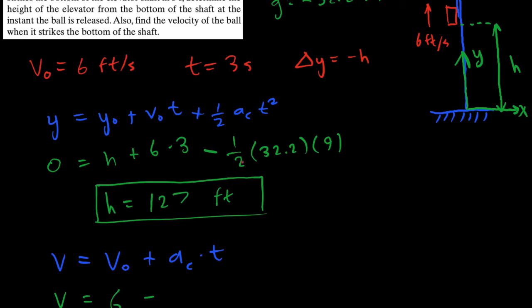This was a silly mistake on my end, but this term is supposed to have a negative sign, because our v naught, our a sub c, our y naught, all these values are signed values. If gravity was not pointing downwards but upwards, then we would have a different value for h here, and it would be a wrong value.